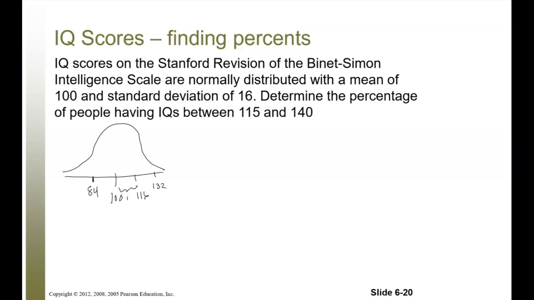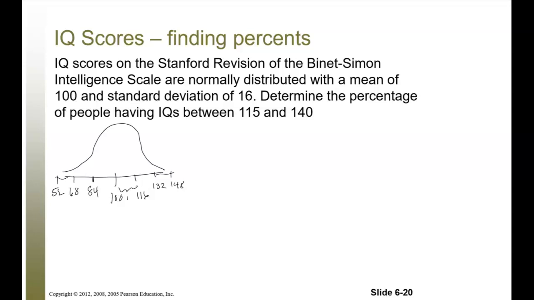That's 132. 84 minus 16 brings me on the other side down to 68. And then 132 plus that 3rd standard deviation of 16 brings you to 148. And 68 minus 16 brings me down to 52.